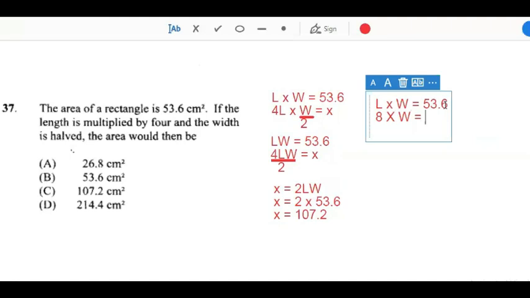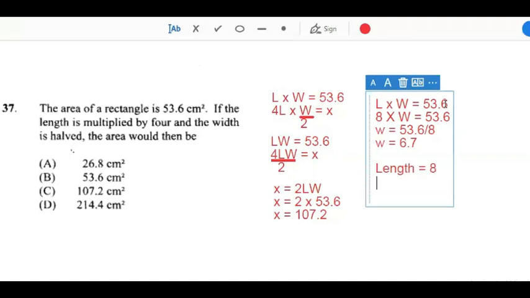I'm trying to find the width, as I know the area, which is 53.6. So the width would be equal to 53.6 divided by 8, which is 6.7. So now I have length equal to 8 and width equal to 6.7.